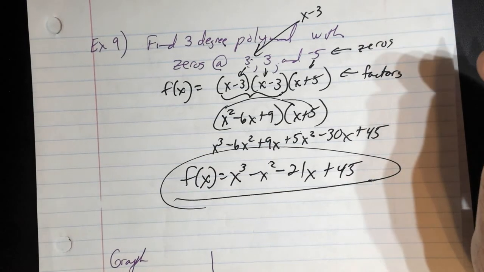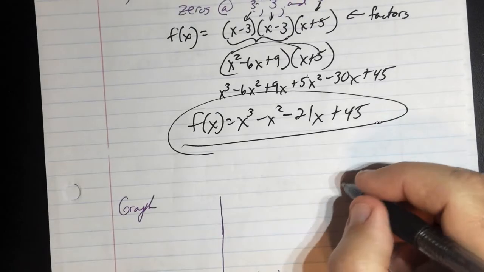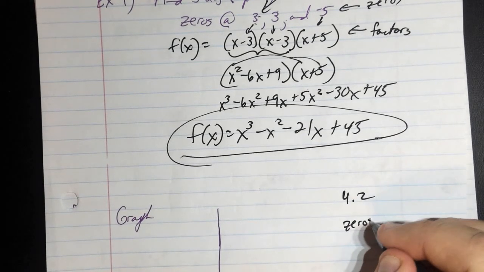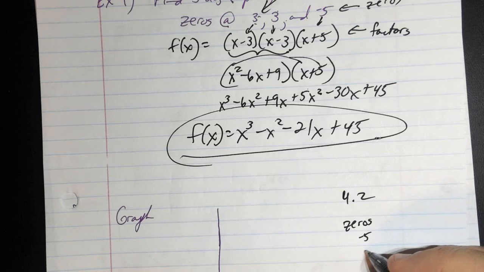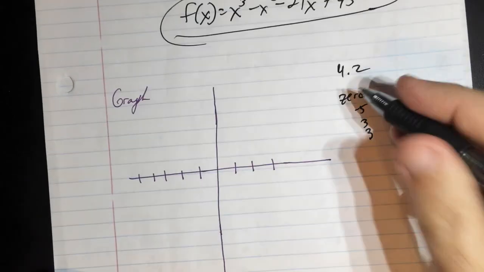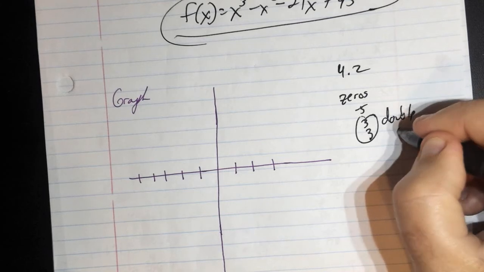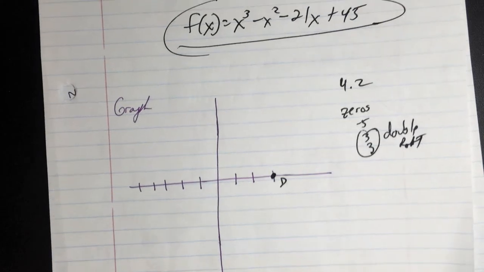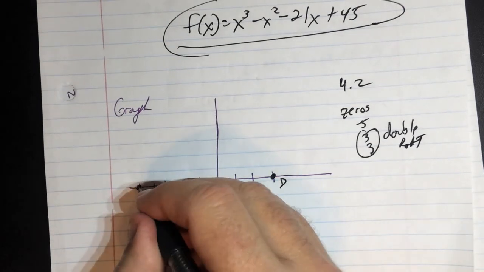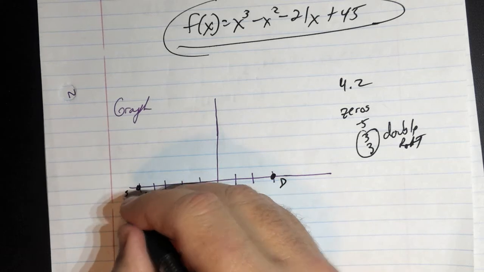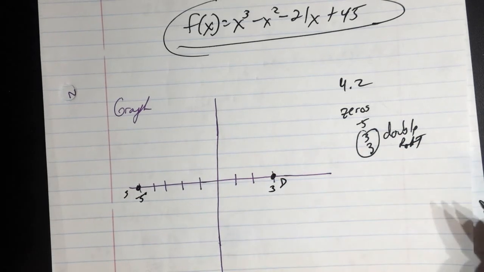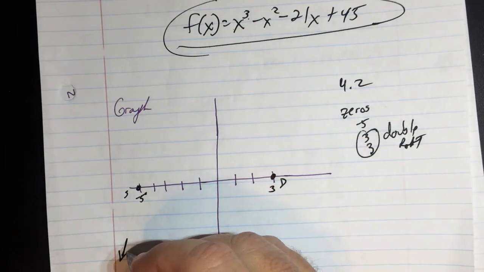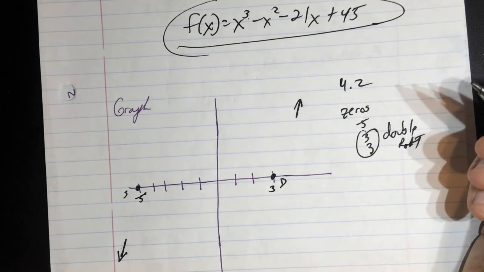Now I also want to show you how we would graph this from the last unit. If we go back to 4.2, how would we graph this? Well, if I have zeros at negative 5 and 3 and 3, wouldn't the 3 and 3 be a double root? So at 3 here, you'd have a double root. You're also going to have a single root at negative 5. So here's 3. And if you look here, it's odd, positive, so I'm going to have an arrow down, an arrow up. There's my end behavior.